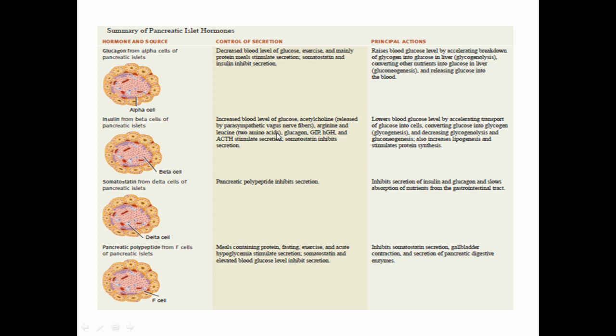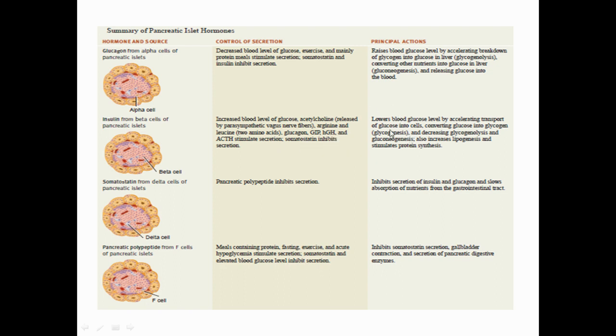Arginine and leucine, these amino acids, a high glucagon level, GIP, growth hormone, and ACTH also stimulate the secretion. All these are the factors which stimulate the secretion of insulin by the B cells. Somatostatin inhibits the secretion by the B cells.